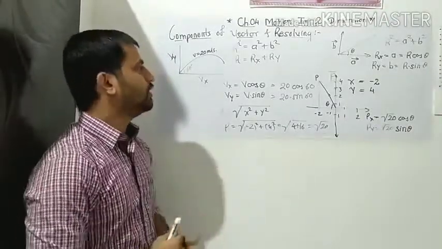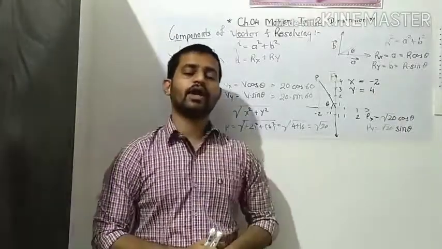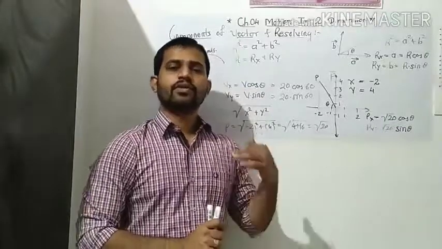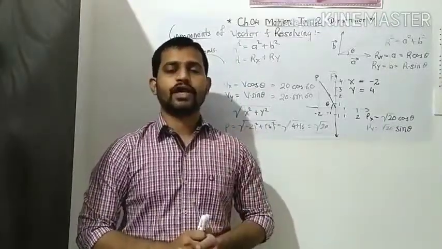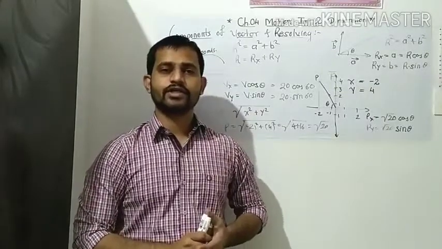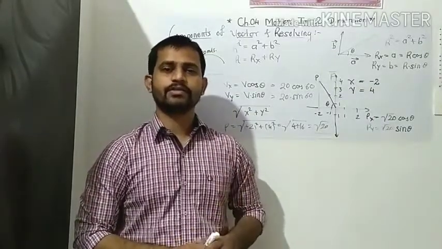So from all this we can come to know that if we have one single vector, we can resolve it into its two components, and if we have the two components, we can get the one single resultant vector. Also we can find its position.